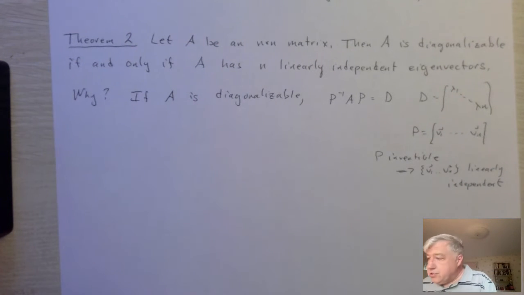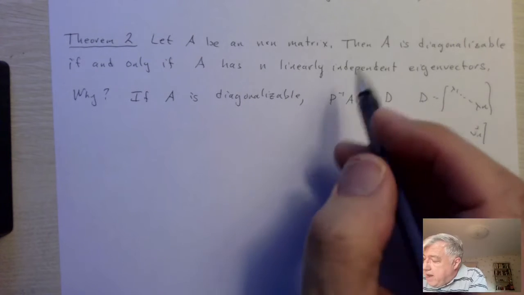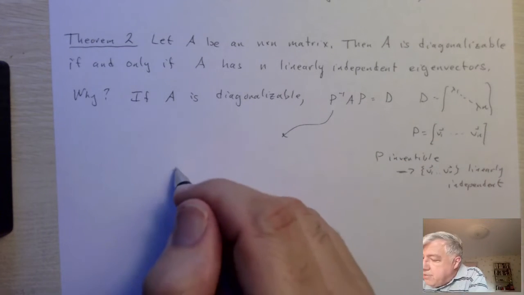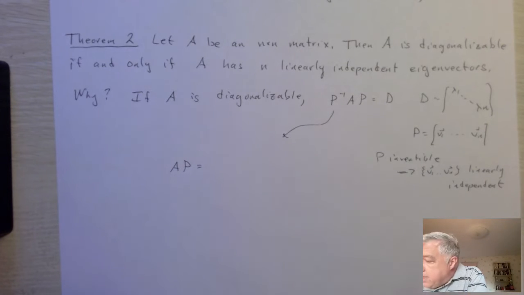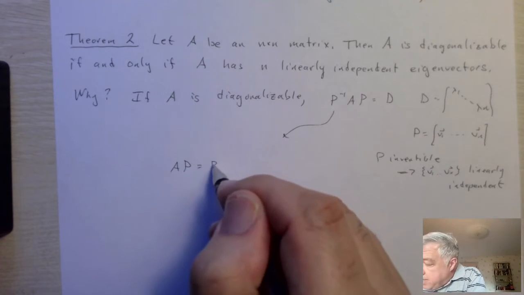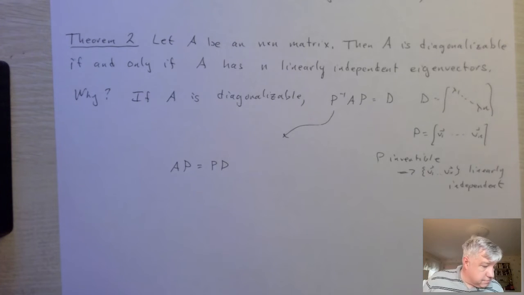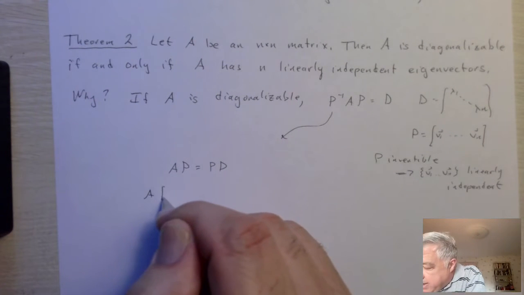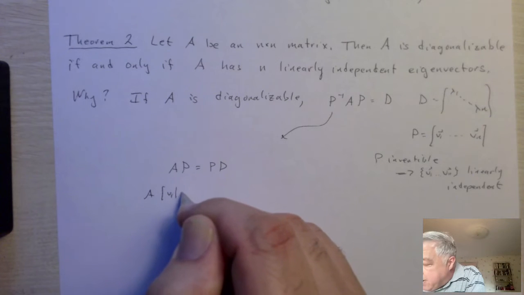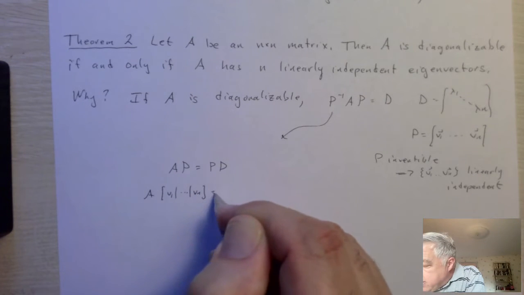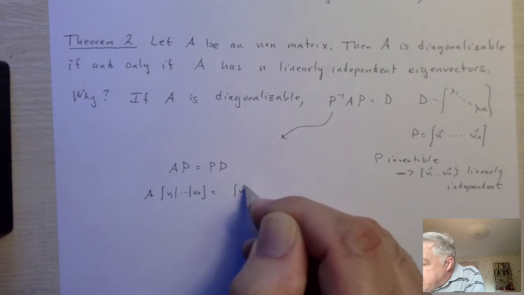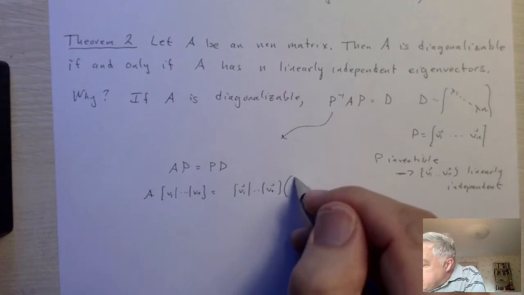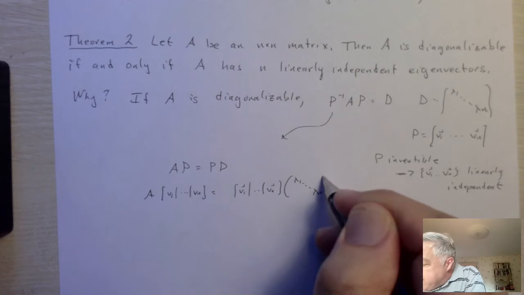All right. So now, from here we can multiply both sides by P, and we get AP is equal to PD. This means that A times the matrix V1 through Vn is equal to V1 through Vn times the diagonal matrix lambda 1 through lambda n.